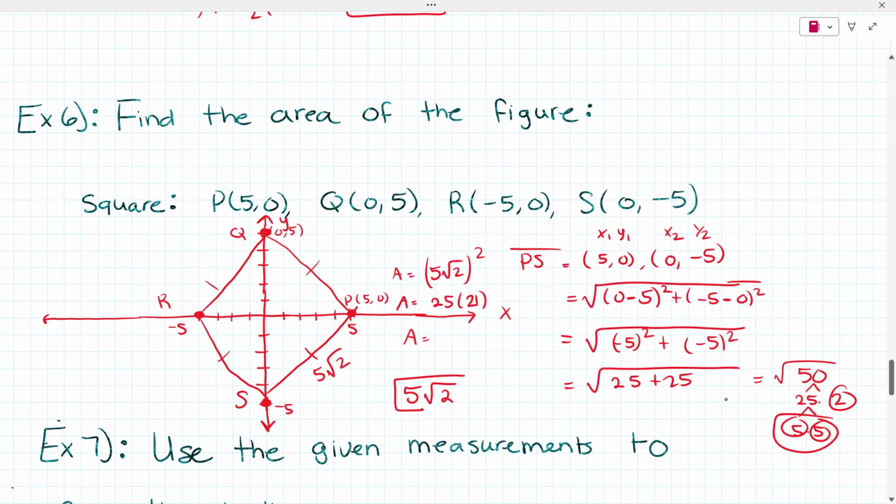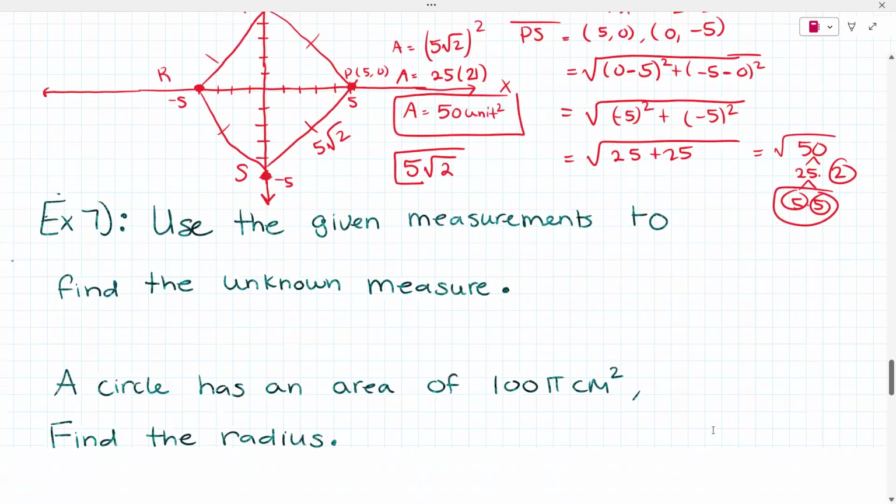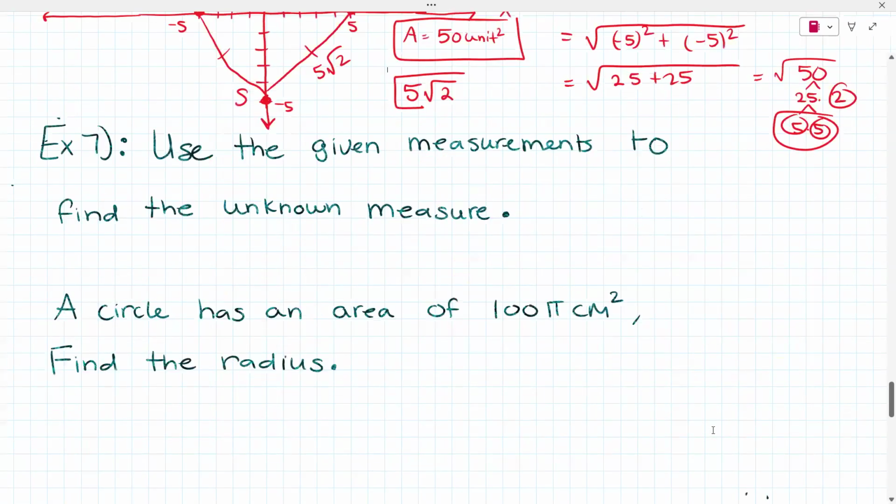When you square a radical, it just becomes 2. And then 25 times 2 is 50. So it's going to be 50 units squared. Okay, so that was example 6. Let's move on to example 7.